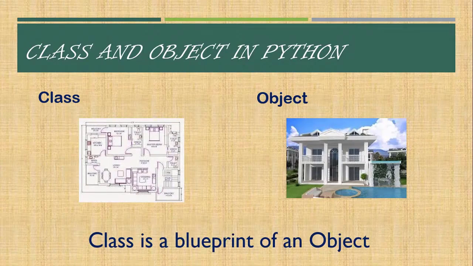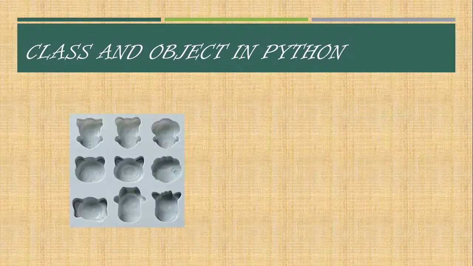Okay, so class is a blueprint of an object. Let's consider another example. Over here we have some molds. What we can see is that, suppose there is a particular mold, so a particular type of toy could be created by that particular mold.